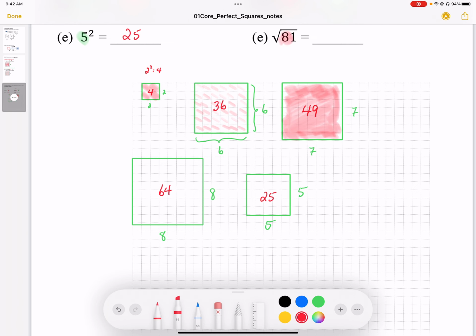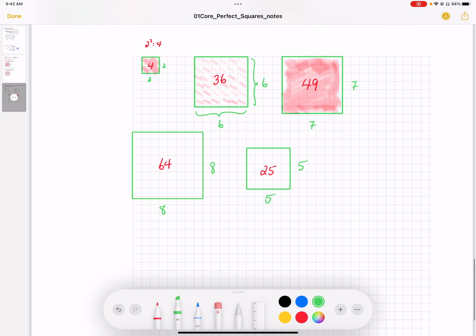So the area is 81. I'm going to draw 81 squares. To do that, I need a 9 by 9 square. So drawing my square in, I'm going to have 9 this way. Again, make sure you're careful with your counting.